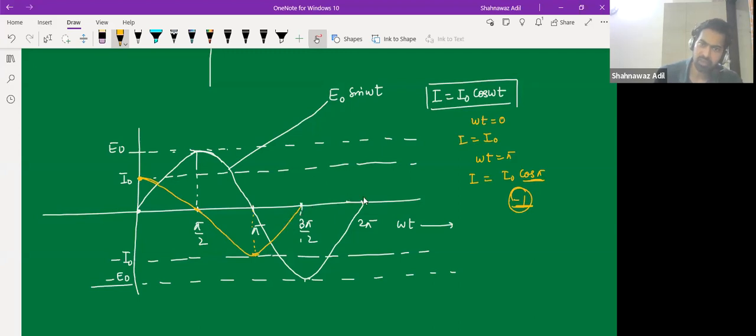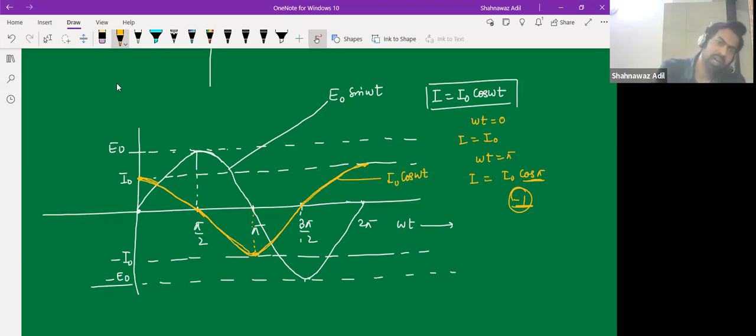And then at 2 pi, it will be I naught. This is the graph of I naught cos omega t, or you can also write it as I naught sine omega t plus pi by 2.